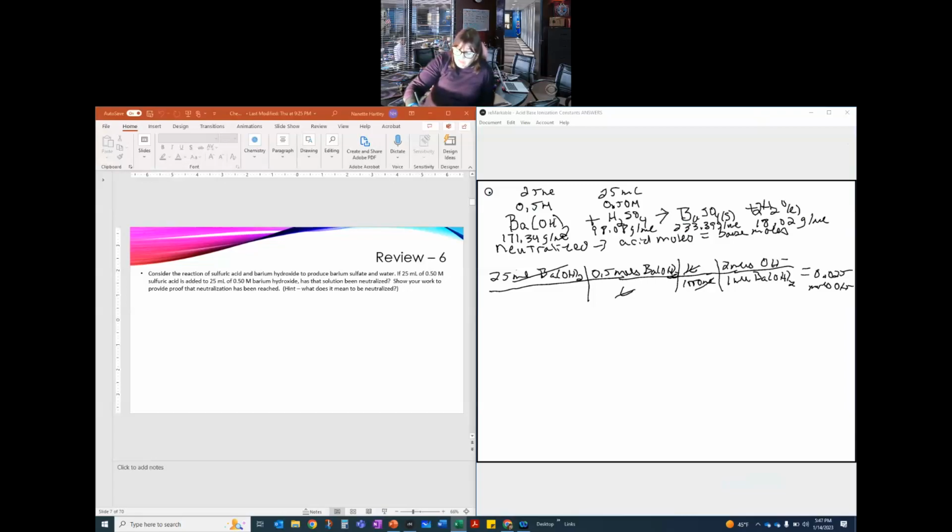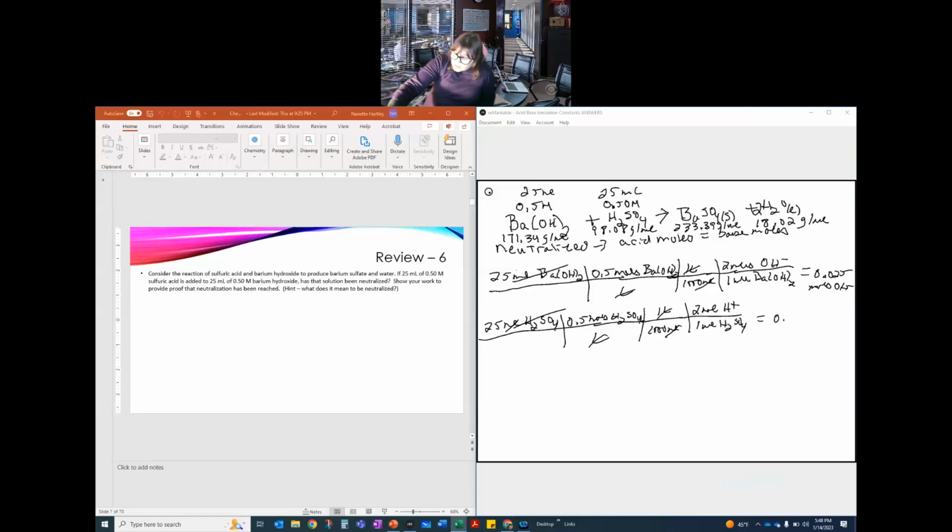Now I need to know how many moles of H plus I have. So I can set up really the exact same calculation. 25 milliliters of H2SO4, which is the same thing. I have 0.5 moles of H2SO4 per liter. 1 liter is 1,000 milliliters. And 1 mole of H2SO4 contains 2 moles of H plus.